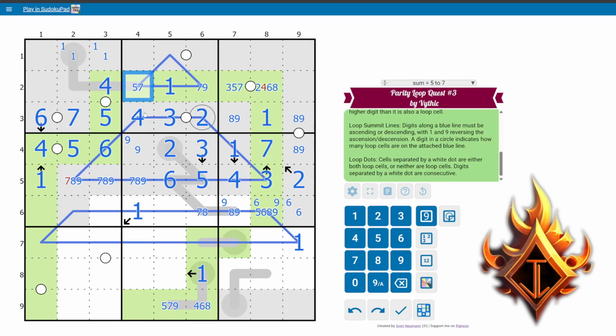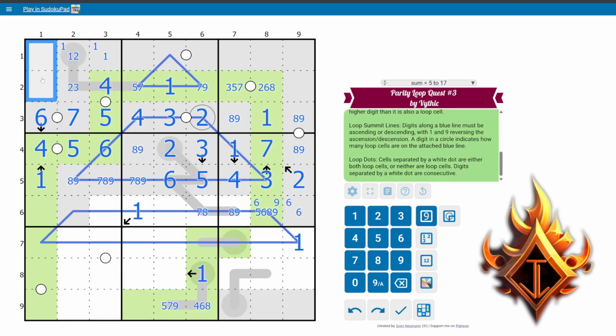That can still be either. That is an 8 or 9. This will be an 8 or 9. Three, 5, 7. Okay. This is 2 or 3. And this will be 1 or 2.